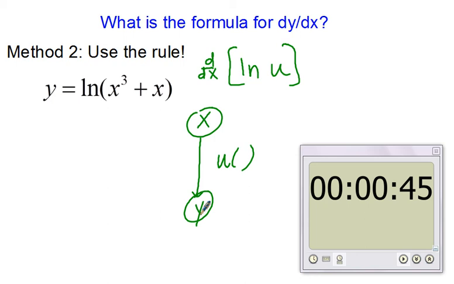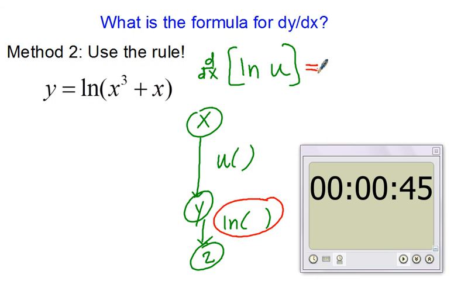Then it goes through the logarithm function and produces, let's say, output z. So in that case, the chain rule would tell us you have to find the derivative of log blob, which is 1 over the blob.